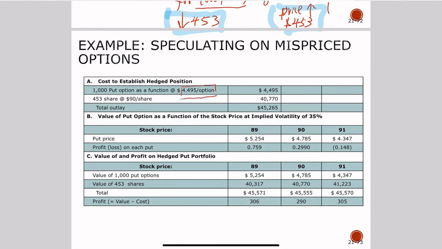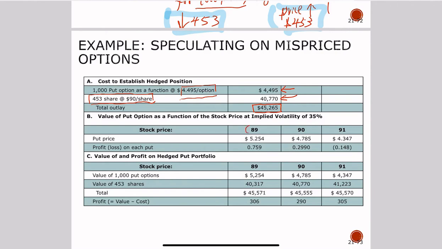And we also wanted to buy 453 shares at $30 per share to hedge against the adverse price movement. So these two numbers are our total expense. So in the beginning, we will have to shell out $45,265.